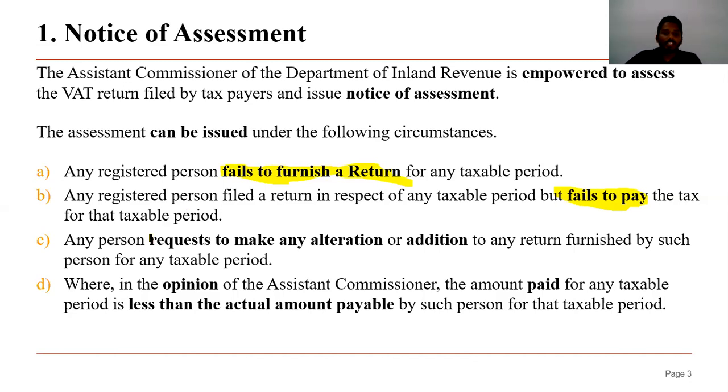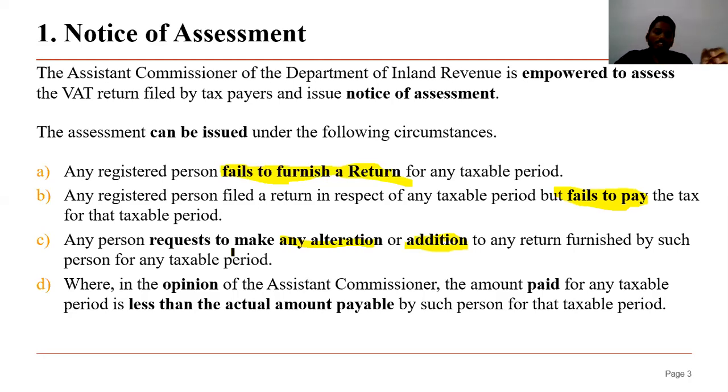Then, any person who requests to make any alteration or addition to the return furnished will again receive an assessment. Let's assume you declared 100 million and you want to correct it as 150 million or 200 million.